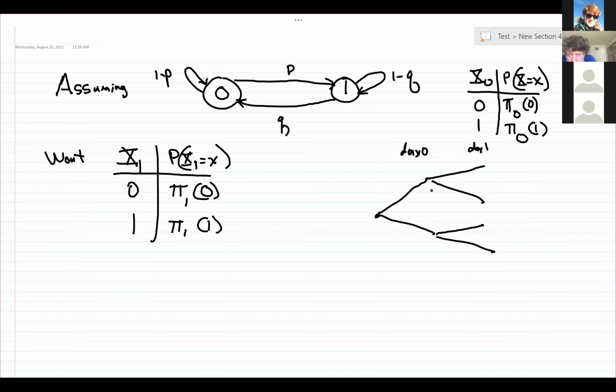We know that you're either broken or working, and you're either broken or working later. And the probabilities are what? The probability that you're broken on day 0 would be this guy, which is known, assumed, pi 0, 0. That's that probability. The probability that you're working on day 0 would be pi 0, 1.